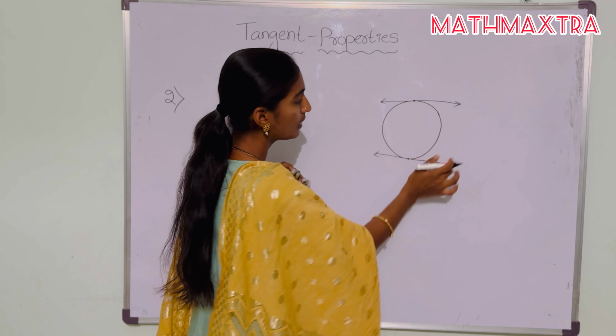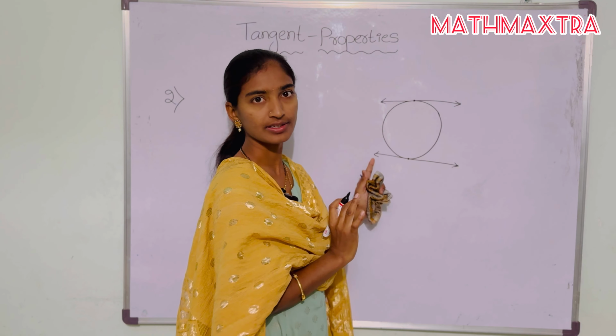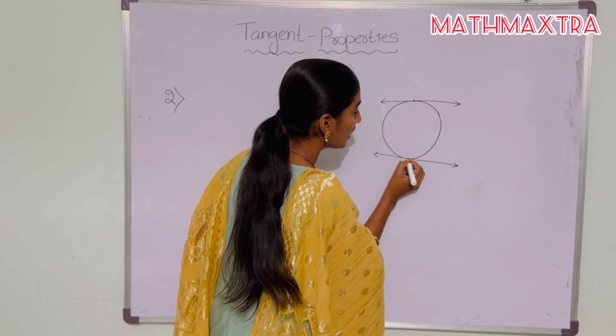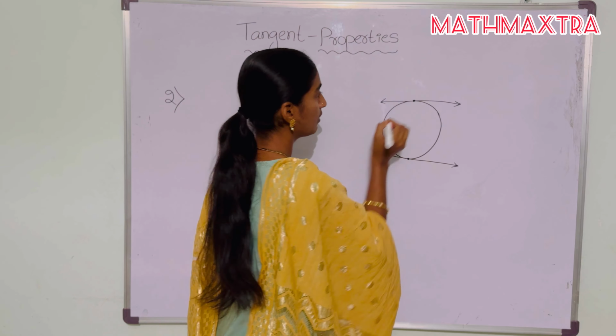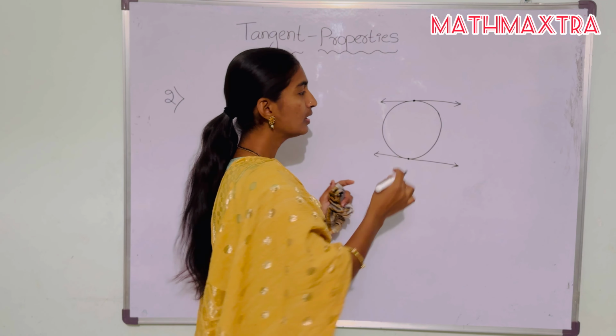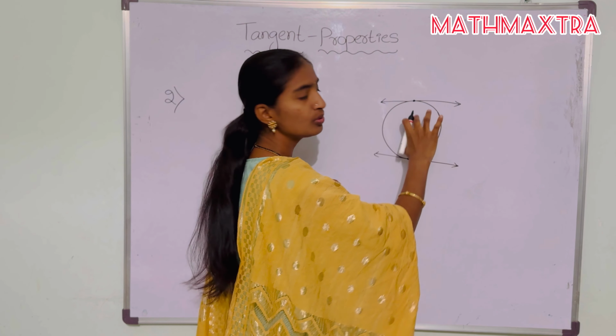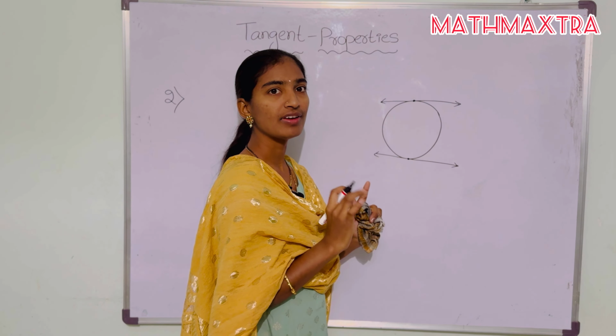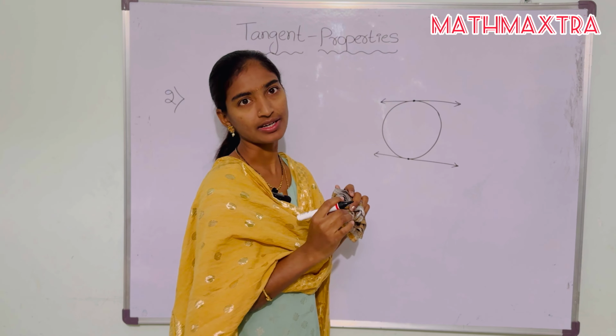If these two lines are tangent lines of a circle, and this is one point of contact and this is another point of contact, and these two lines are parallel tangents, then the distance between these two parallel tangents is always the diameter of the circle.